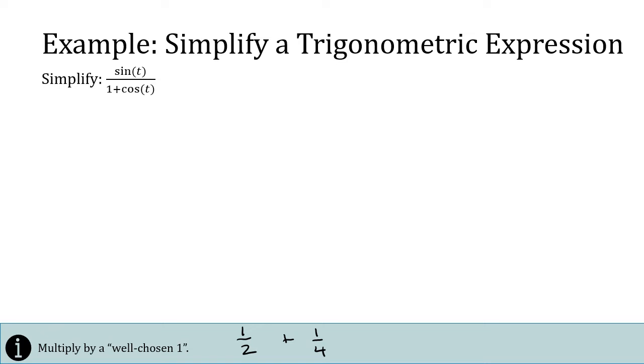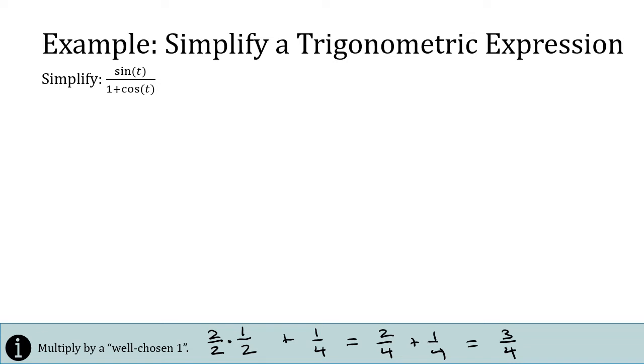And you couldn't add those straight across because they have different denominators. And so what you did was you multiplied that 1/2 by 2 over 2. And the reason why you did that was because now you had 2/4 plus 1/4, and now you could add the fractions to get 3/4.